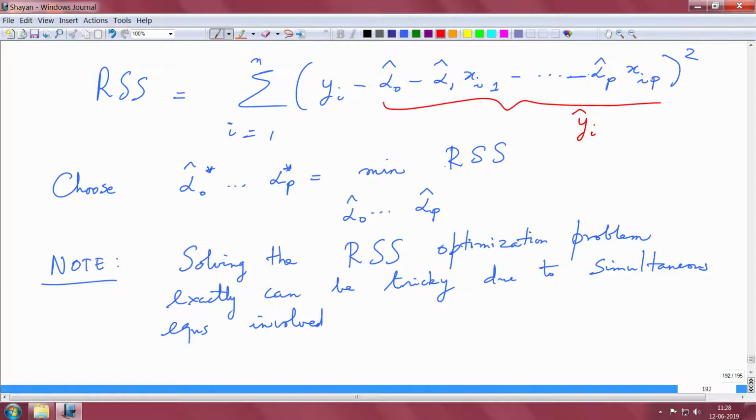I have to minimize this quantity with respect to these parameters, and if I optimize that, I will get alpha naught star hat, so on till alpha p star hat.